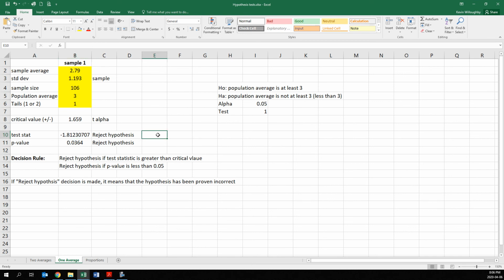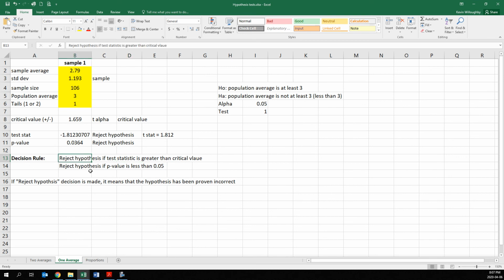When we make our decision, we always compare positive values. So this t-value, this t-stat, would be equal to 1.812. The critical value, right up here, remember critical value is that t-alpha value. Critical value is 1.659. Because the test statistic is greater than the critical value, it leaves us with the decision to reject the null hypothesis.